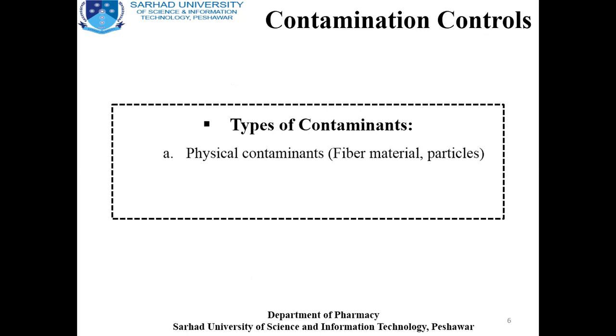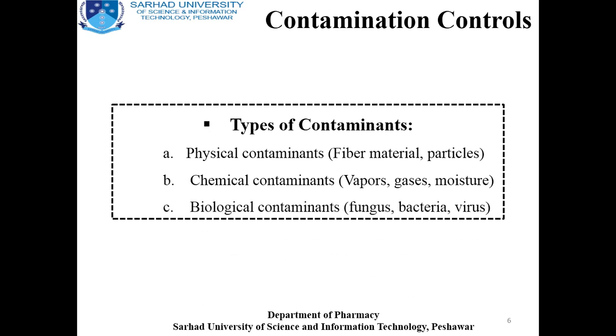There are different types of contaminants. The three main types of contaminants are physical contaminants, chemical contaminants, and biological contaminants. The physical contaminants include fibrous material or particles which enter inside the particular formulation and cause contamination.